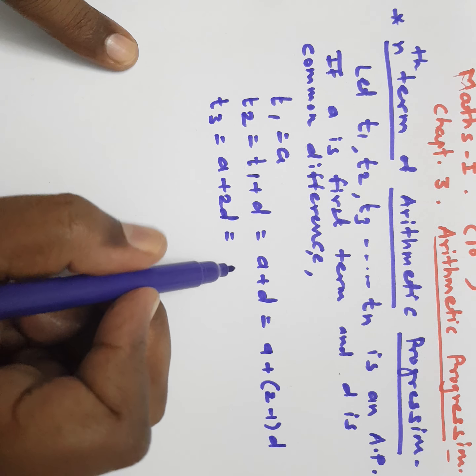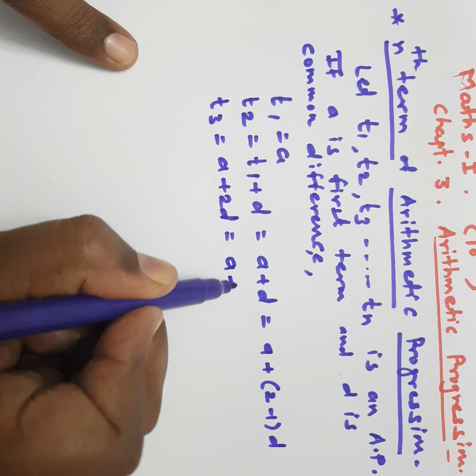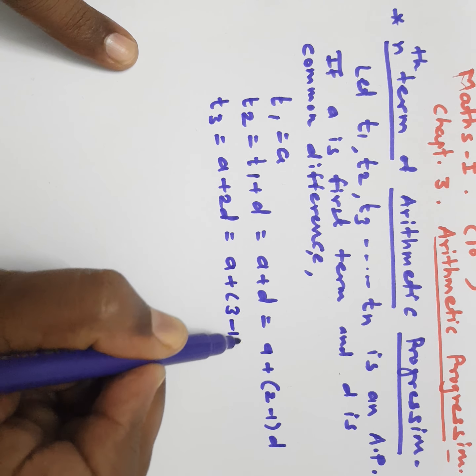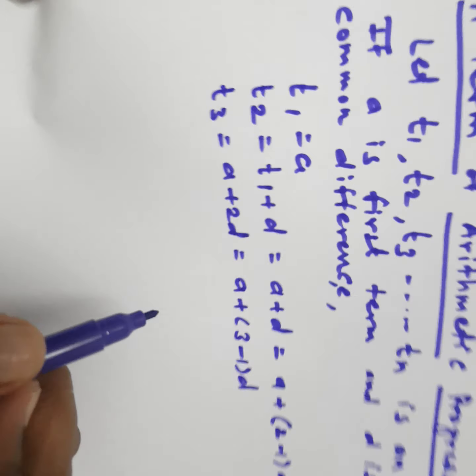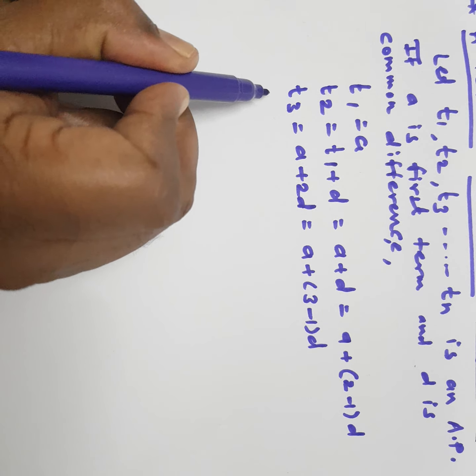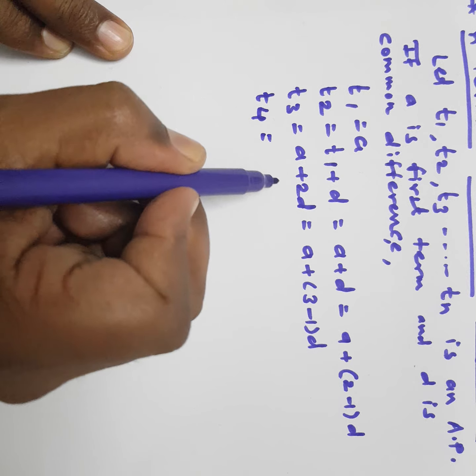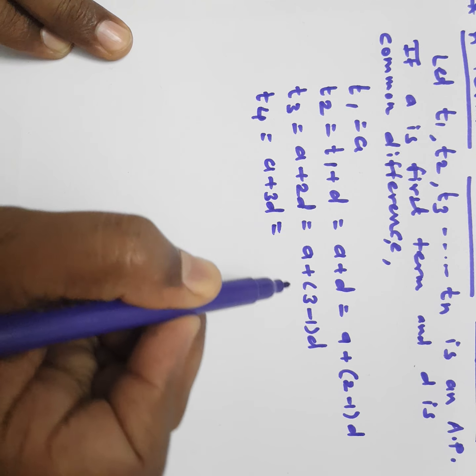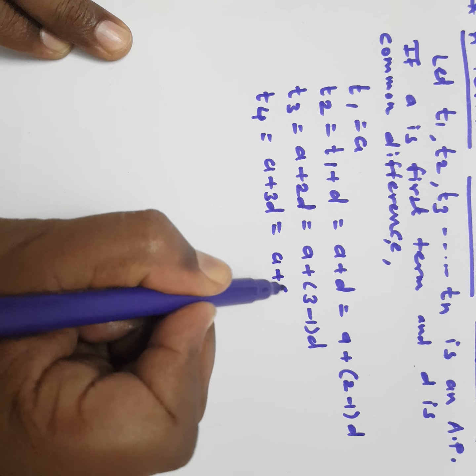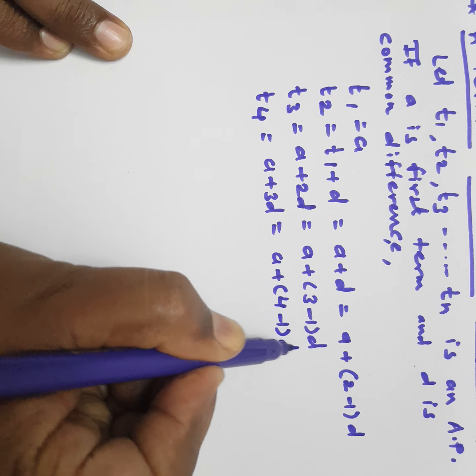Therefore, we can write it as a plus (3 minus 1) into d, since 2 is 3 minus 1. Then T4 is equal to a plus 3d, that is a plus (4 minus 1) into d.